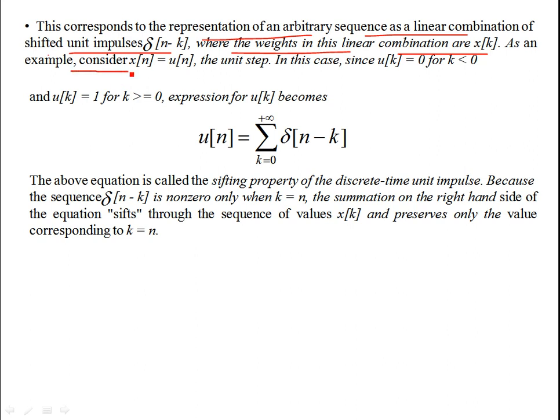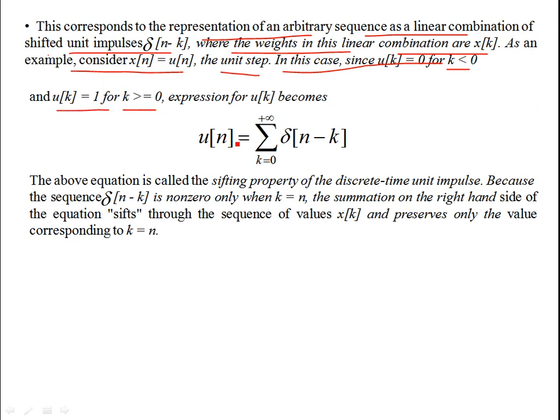Now, as an example, let's consider a unit step sequence. Since we are saying that you can decompose mathematically any sequence in terms of discrete time impulses, let's try to do the same for the unit step u of n. By the definition, u of k is 0 for negative indices, k less than 0, and it is equal to 1 for k greater than or equal to 0.